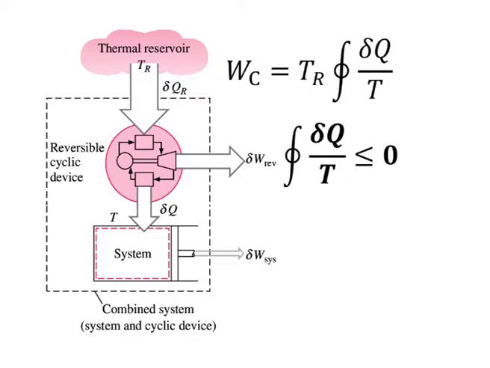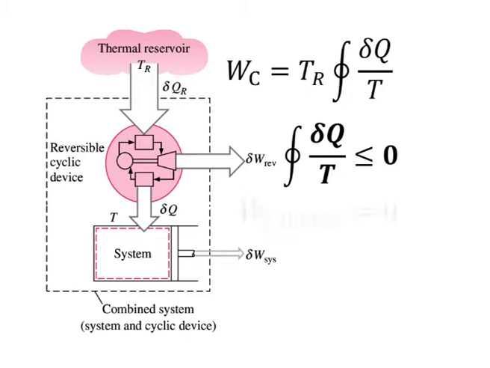As such, it can be reversed. In the reversed cycle case, all the quantities have the same magnitude but the opposite sign. Therefore, the work W_C, which could not be a positive quantity in the regular case, cannot be a negative quantity in the reversed case.